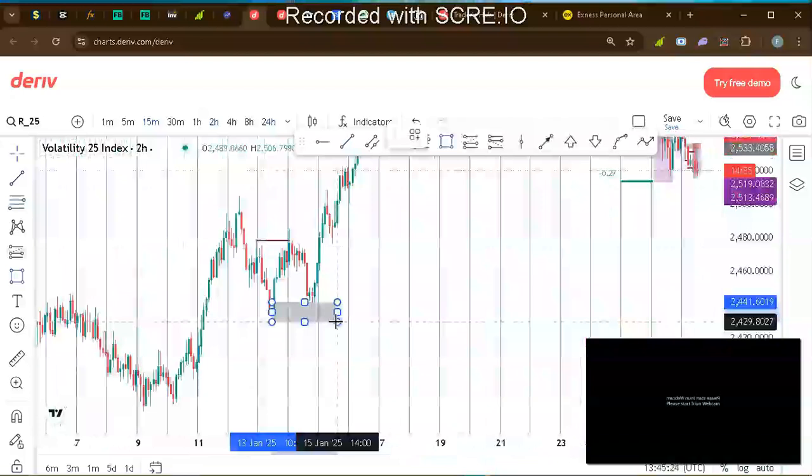So you can see this day, suddenly we have a break of market structure, and then the pullback happened, which is giving us the wick, and then suddenly the market pulls all the way back.